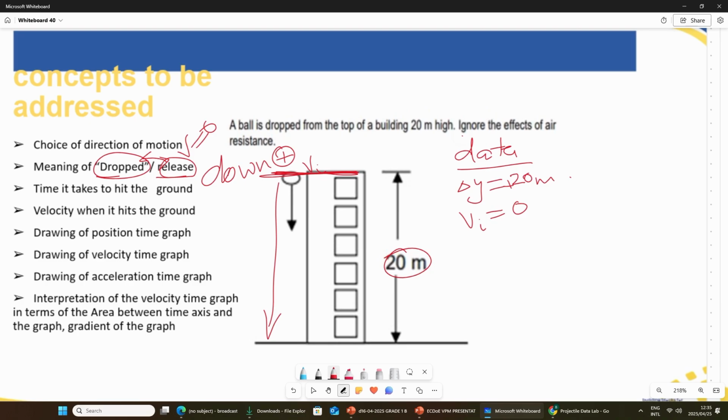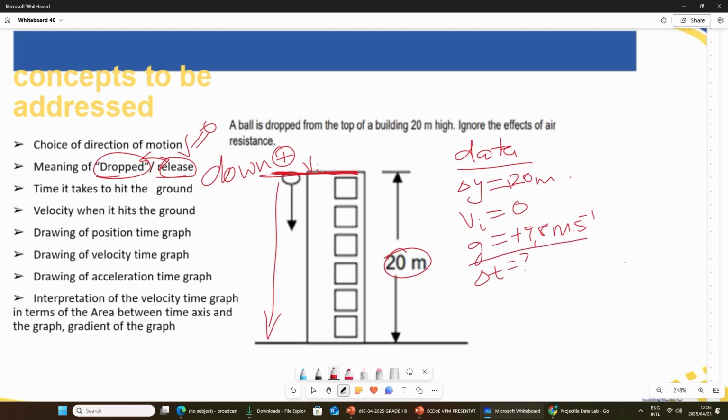Okay, we're good to go. And now that we ignore the effect of air resistance, our g is given to be positive 9.8, because remember, we said this is always going downwards. Okay, so what do we want here? We want our delta t, that is the time. That's our unknown that we want to calculate here.